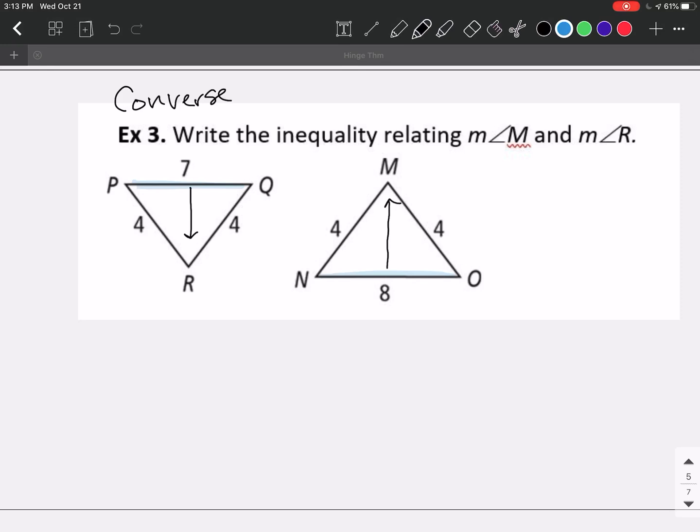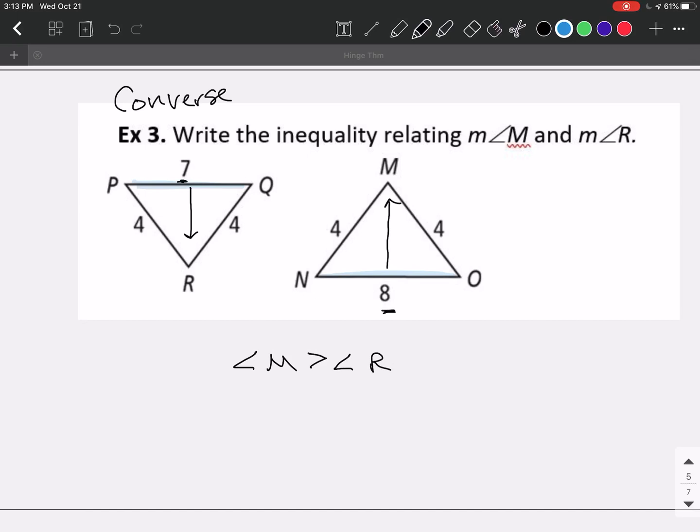So if we notice, it's now saying write the inequality relating the measure of angle M and the measure of angle R. So if we look across, M has 8, R has 7. Well, which one is the larger number? So because 8 is larger than 7, angle M will be greater than the measure of angle R.